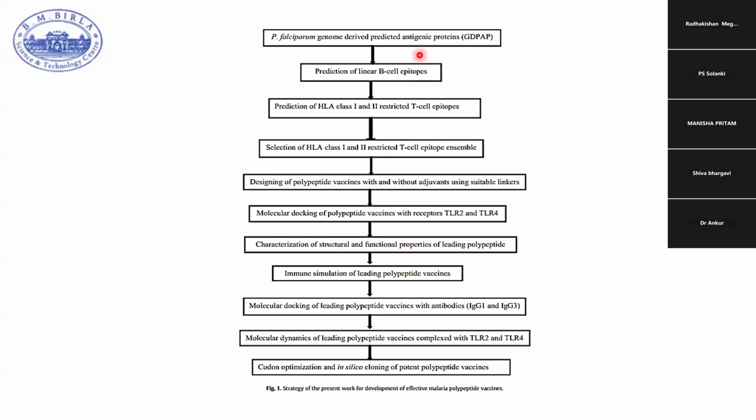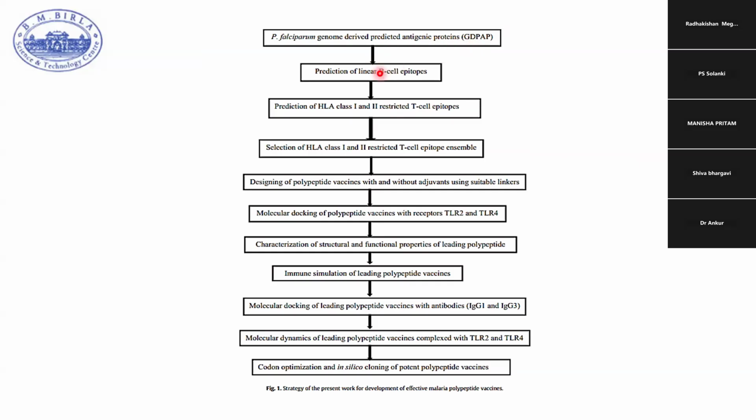So this is a flow chart. If you are interested in generating a novel vaccine, what happens? We first predict the antigen. After antigen prediction, we have to predict some B cell epitopes. And using these B cell epitopes, you can also predict T cell epitopes, or you can predict directly from the antigen. So here you have two options.